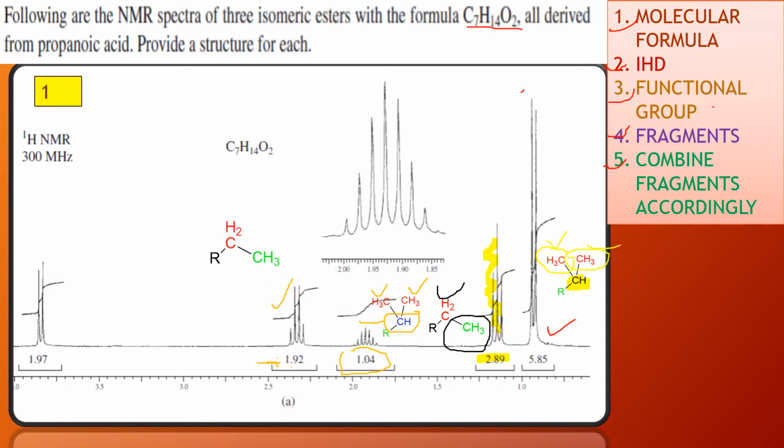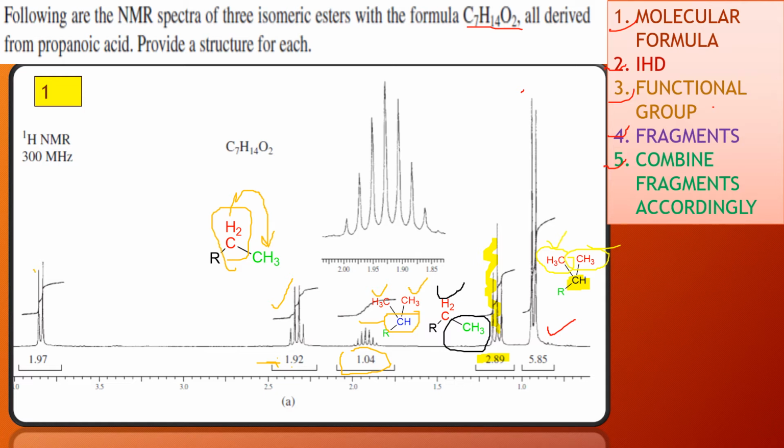So this is the carbon having 2 protons, and these hydrogens are giving us a quartet due to these 3 hydrogens. So it is very simple.